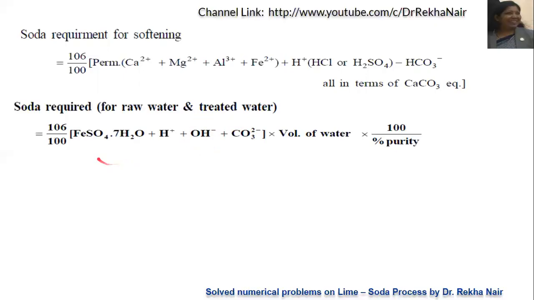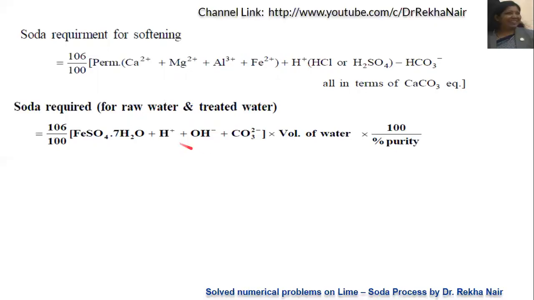Okay, so for treated water and raw water, here the constituents given, there are no permanent calcium, magnesium given, aluminum is also not given, iron it is given as ferrous sulfate, we have put that, H plus is given, okay, and all other constituents are not present in the given values.